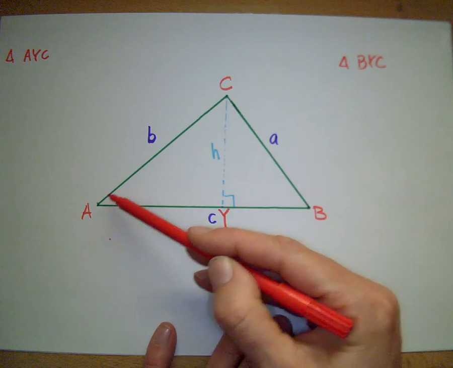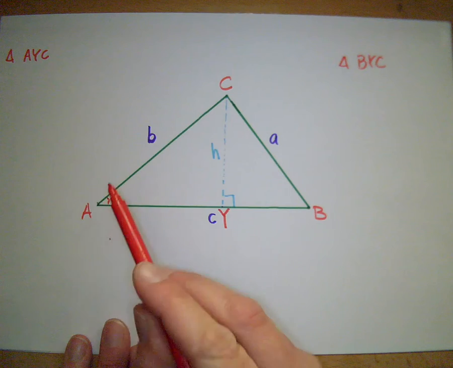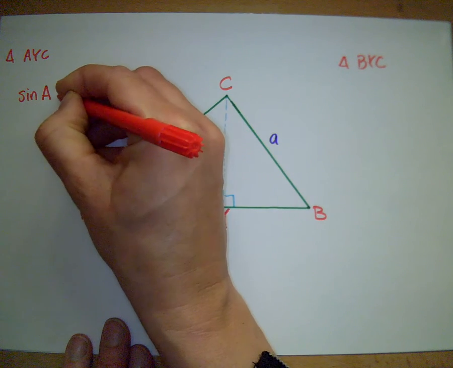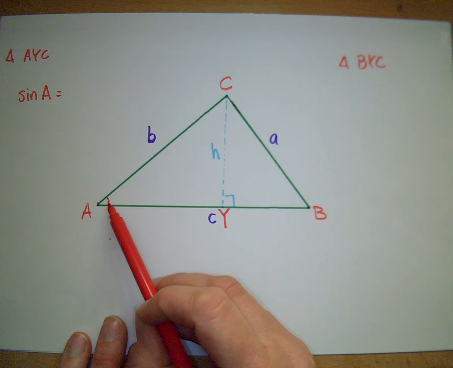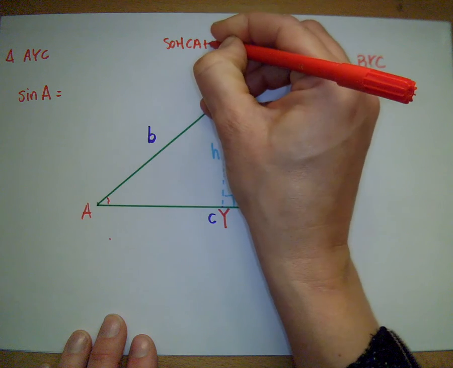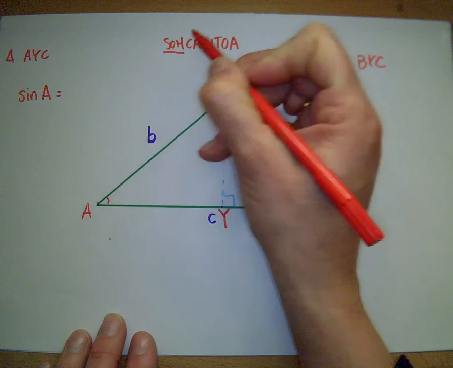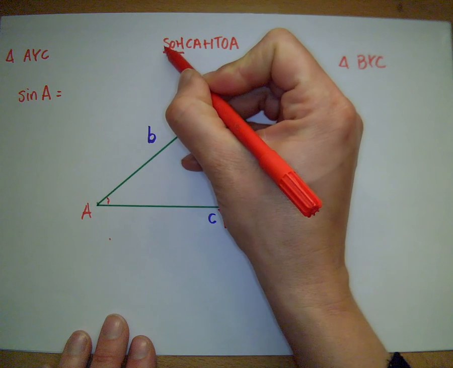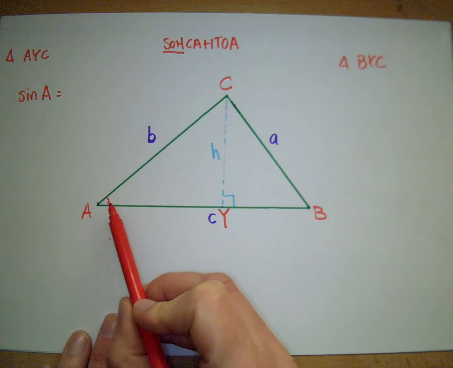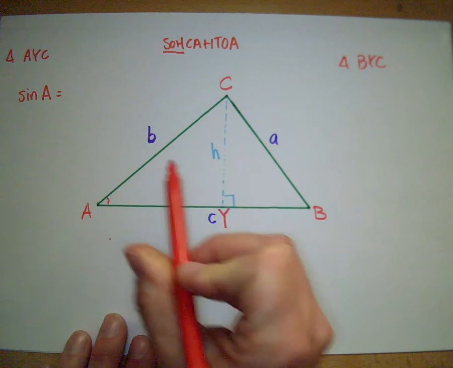Let's start off by looking only at this one, AYC. There's an angle A here. The sine of angle A, what is that defined as again? Remember, SOH CAH TOA, everyone remembers this differently, but SOH stands for the sine is the opposite side over the hypotenuse. So in angle A, the opposite side is h.